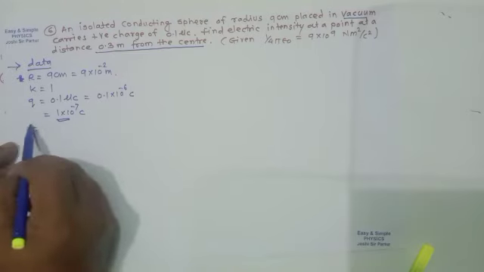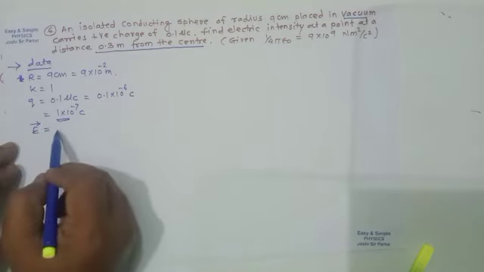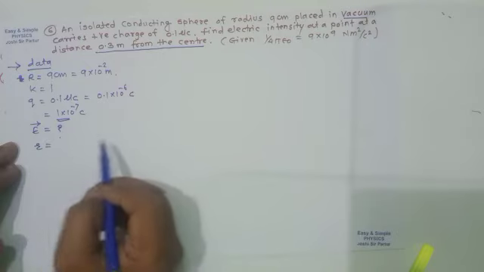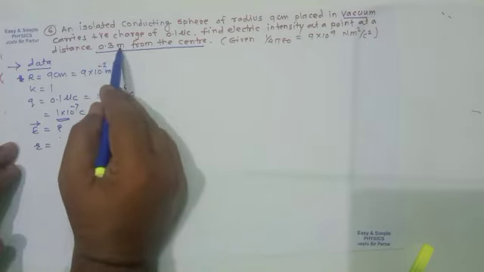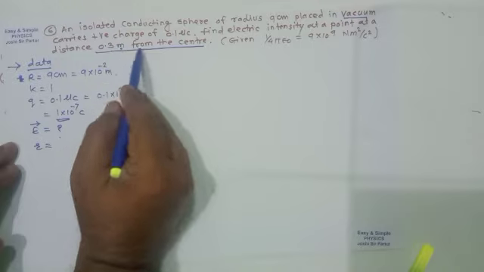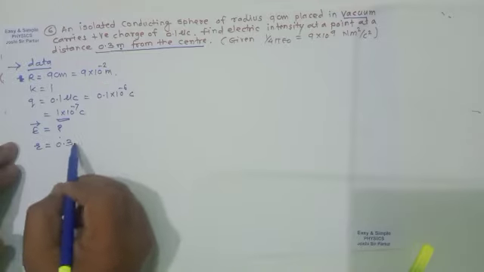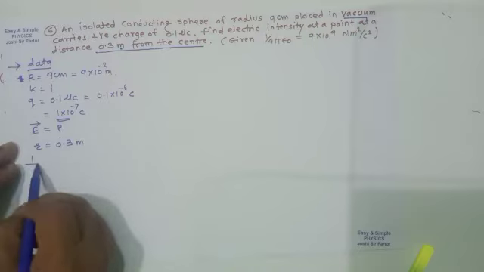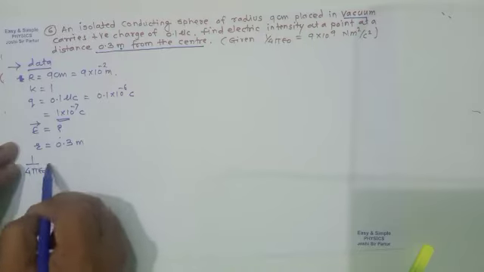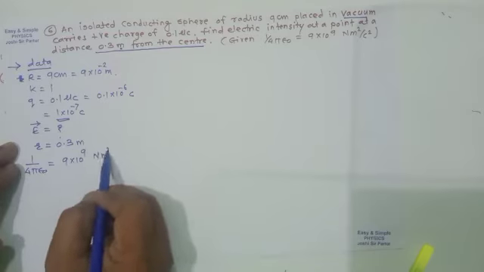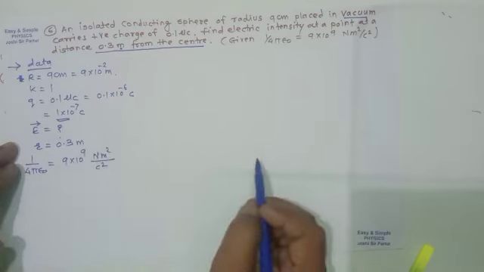Electric intensity can be found at a distance of 0.3 meter from the center, which means r is equal to 0.3 meter, and given 1 upon 4 pi epsilon 0 is 9 into 10 raised to 9 Newton meter square per Coulomb square.